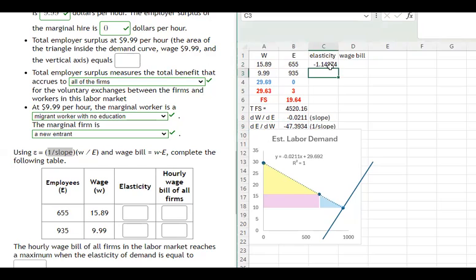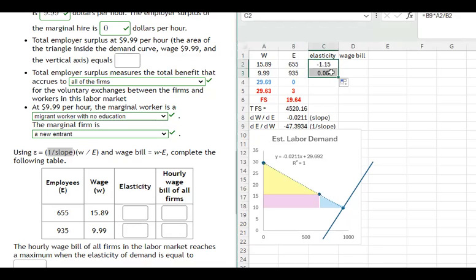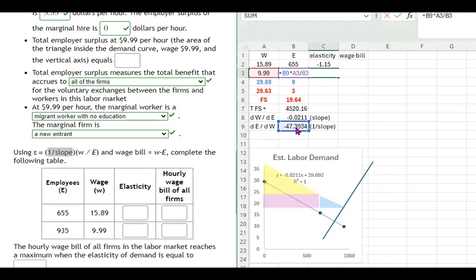So we have an elasticity initially equaling negative 1.15. Now, if I drag it down, I have a problem because I need to freeze this row here.